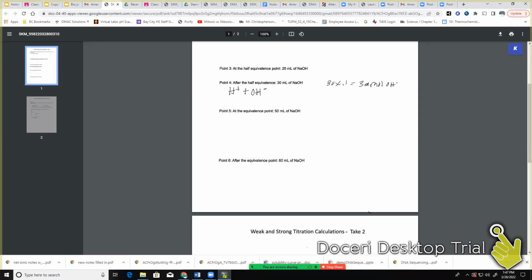So I'm just going to think of it as a skeleton neutralization reaction. I have 5 millimoles of my H+, that's what I started with, I hadn't changed. I added 3 millimoles of my hydroxide, so I need to subtract that. So that means at this point I have 2 millimoles of my acid and 3 millimoles of my base left.